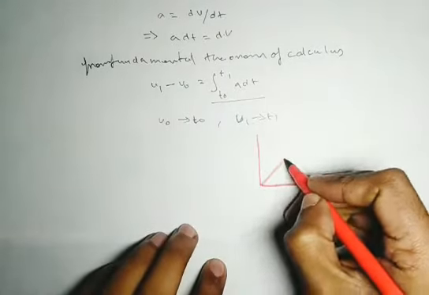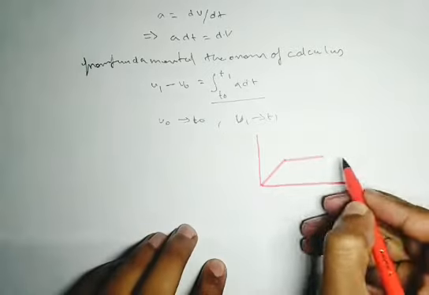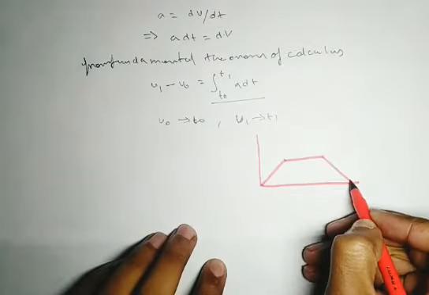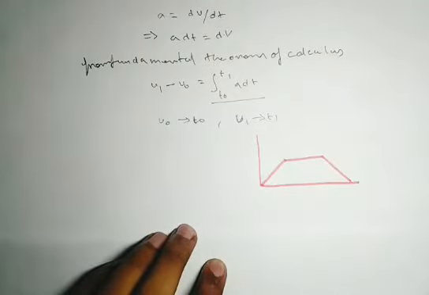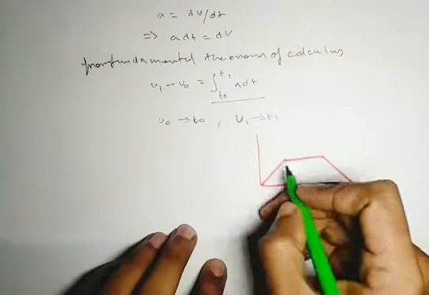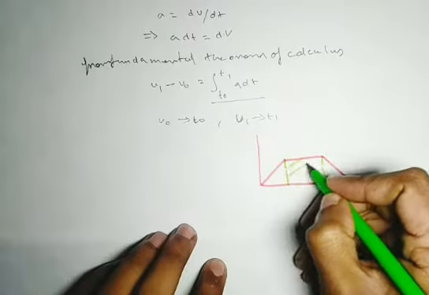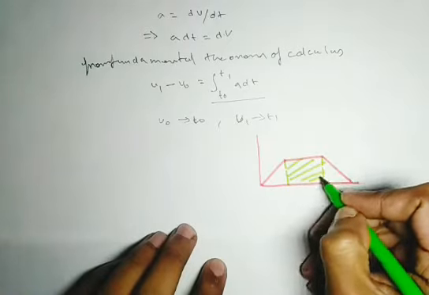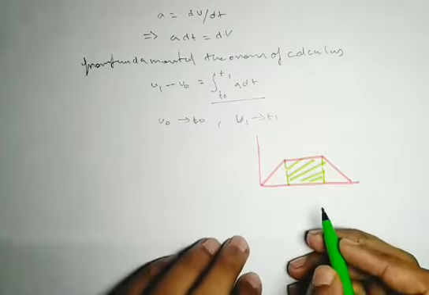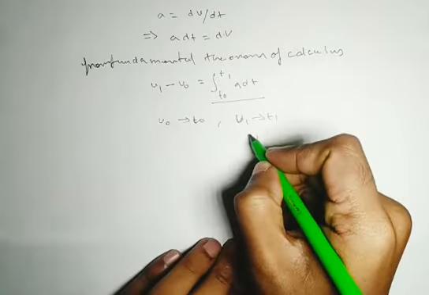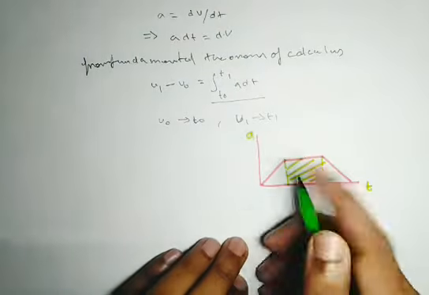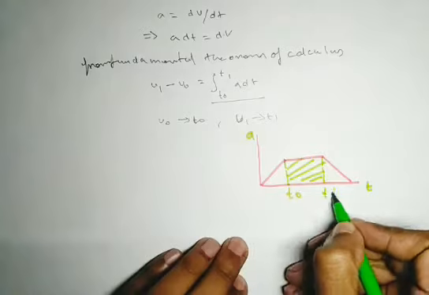This is just an example, with a and t axes, and this is t0 and t1.